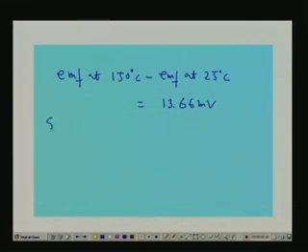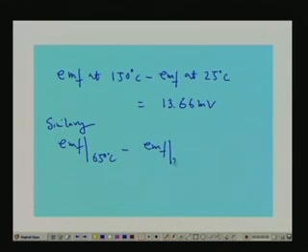Similarly, the measured voltage at 650 degree centigrade is EMF at 650 degree centigrade minus EMF at 25 degree centigrade. So, this will give you the value 52.49 millivolt.